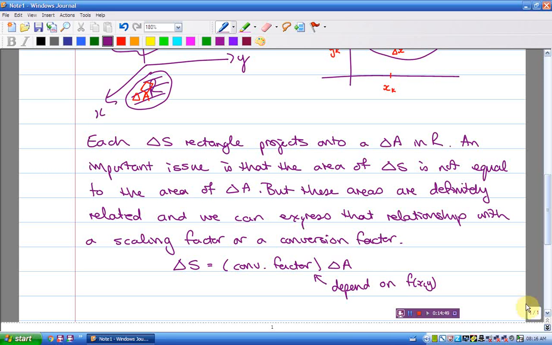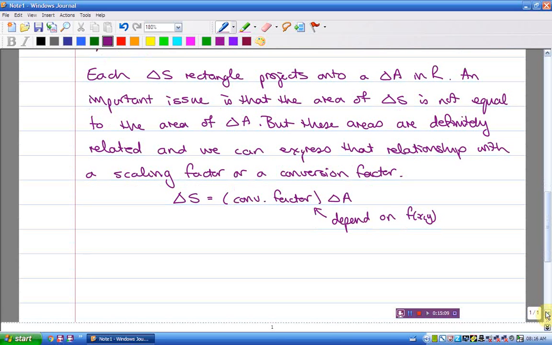Okay, so the job ahead of us now is to find that conversion factor. Hopefully what I've said so far is reasonable, that delta S and delta A are related by means of some sort of factor. But what is that factor?